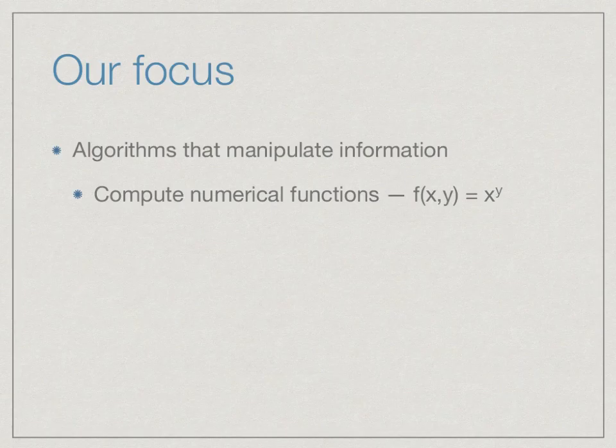We have seen any number of such functions in school, for example, to compute the square root of x. What we do in school is we have a complicated way to compute the square root of x, or we might have x divided by y where we do this long division and so on. So these are all algorithms which compute values given one or more numbers. They compute the output of this function.